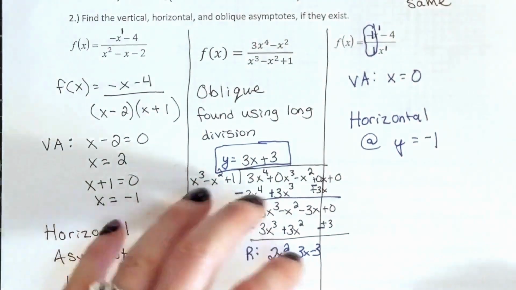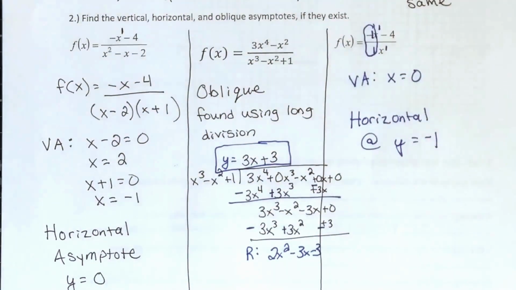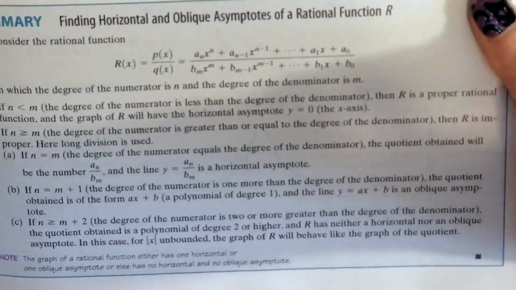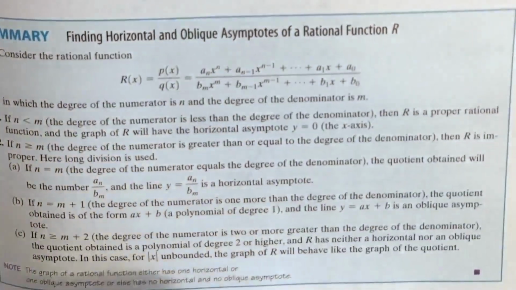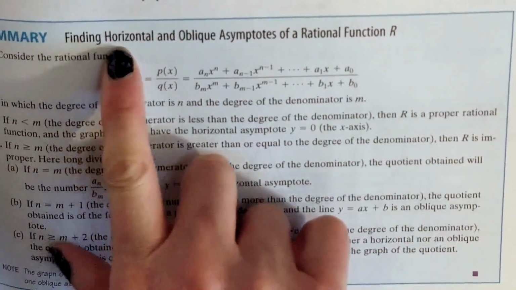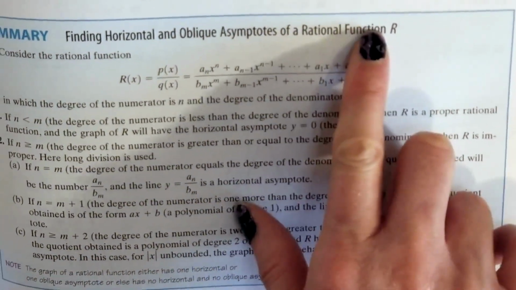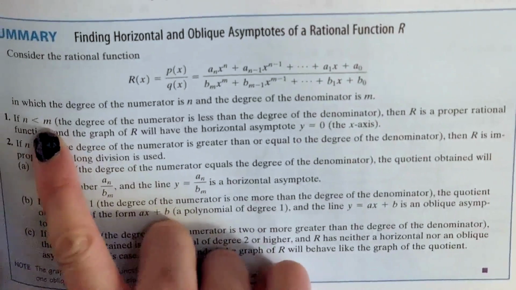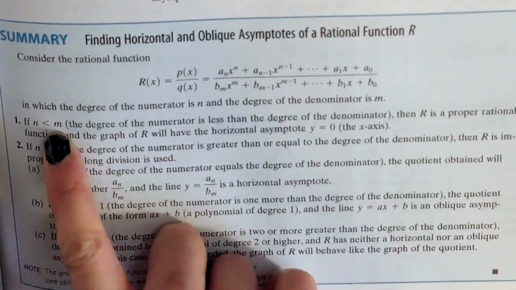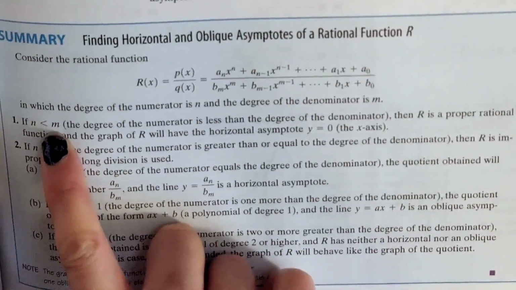Okay, now if you look into your book on page 355, there is a blue box at the bottom that tells you finding horizontal and oblique asymptotes of a rational function, and it goes through all of the different scenarios. You need to have this memorized.